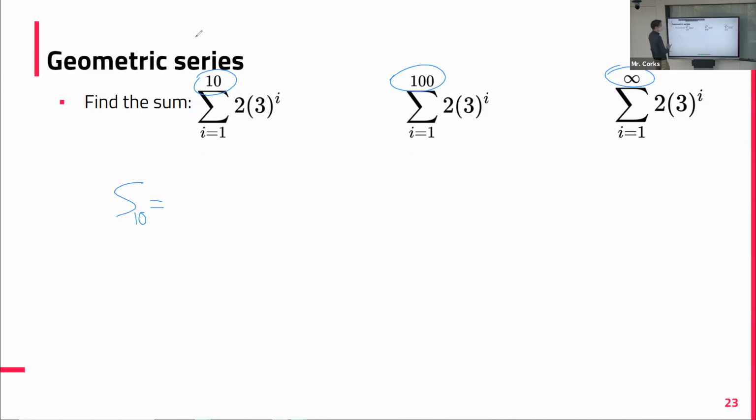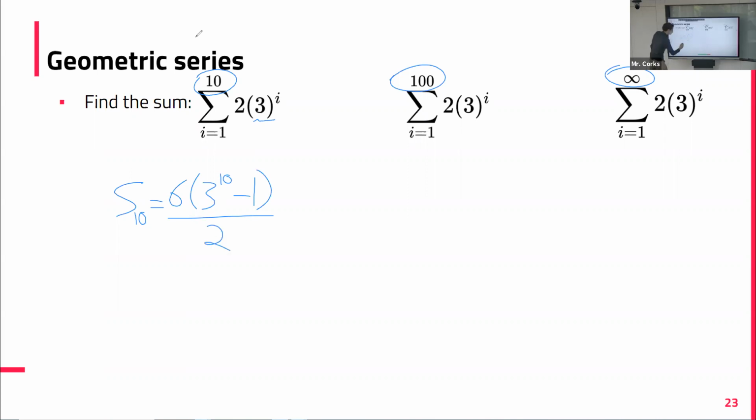What is our first term of this series? 6. So 2 times 3 to the exponent 1, 2 times 3, 6. And our R value, 3, the common ratio, multiplying by 3 each time. So 3, and our exponent, n minus 1. And on the bottom, R minus 1, so 3 minus 1, that's just 2.